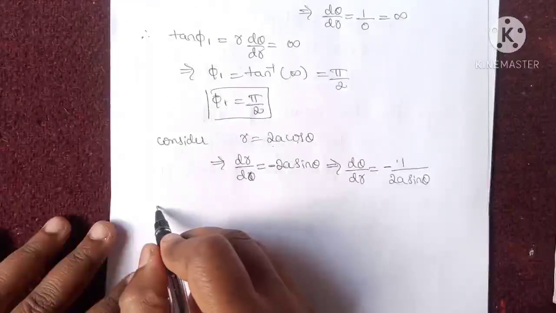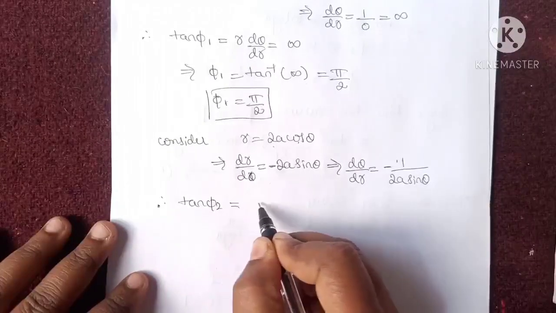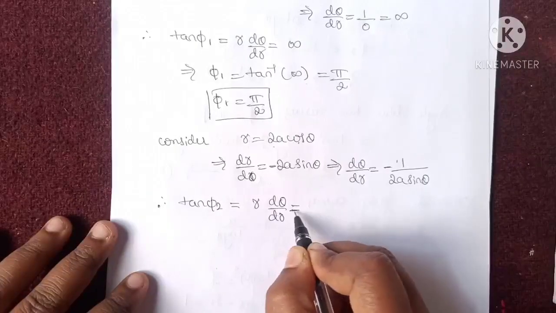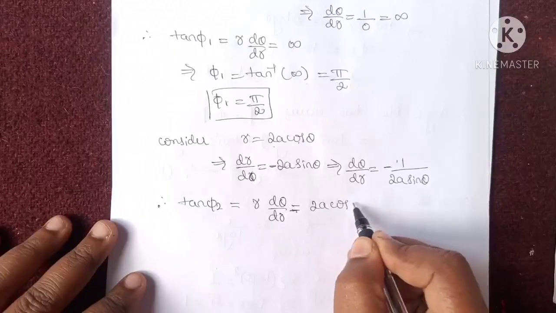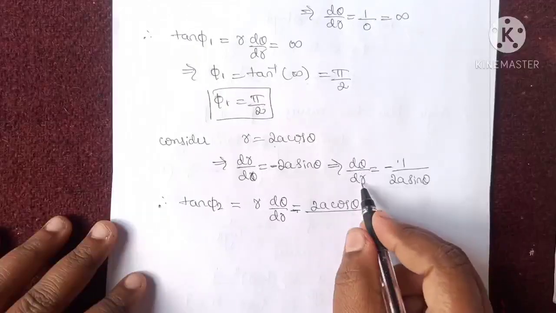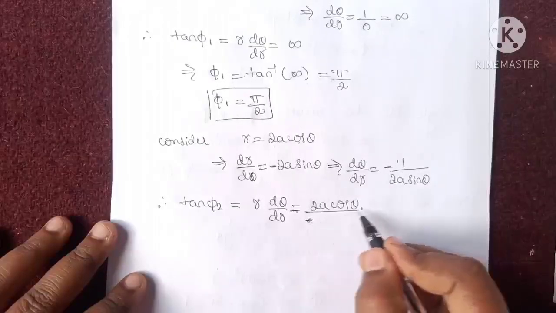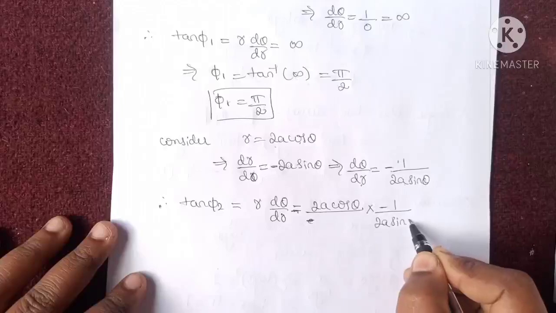Therefore tan phi 2 equals r into d theta by dr, which equals 2a cos theta into minus 1 divided by 2a sin theta.